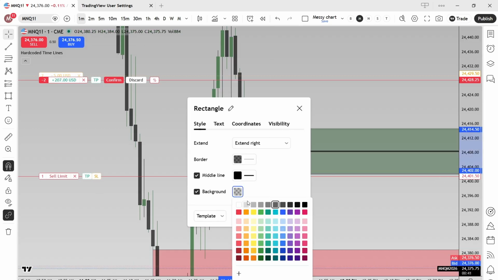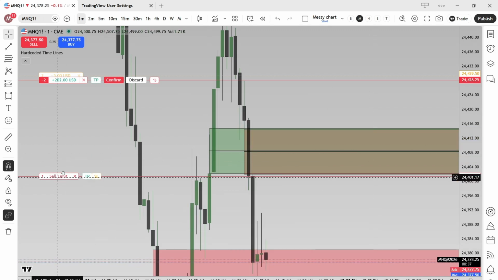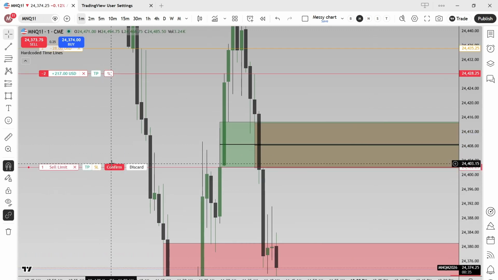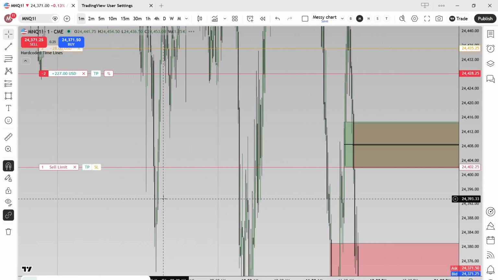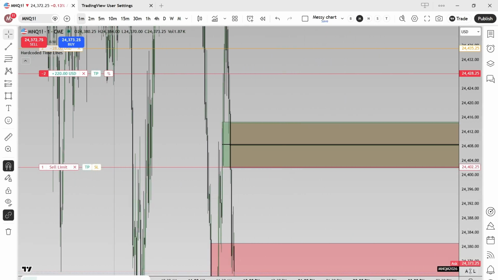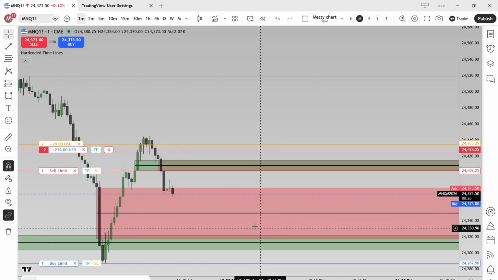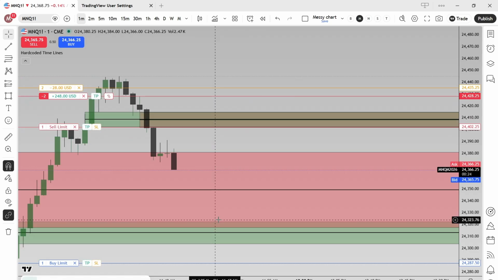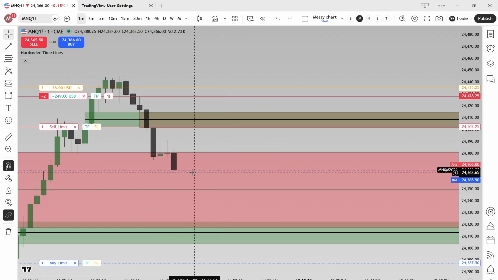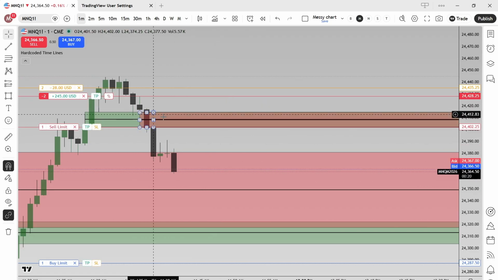This one's going to be red. I'll move the limit here. So it's perfect. But honestly, that dip right into this gap, I like that a lot. We could see this being held open.